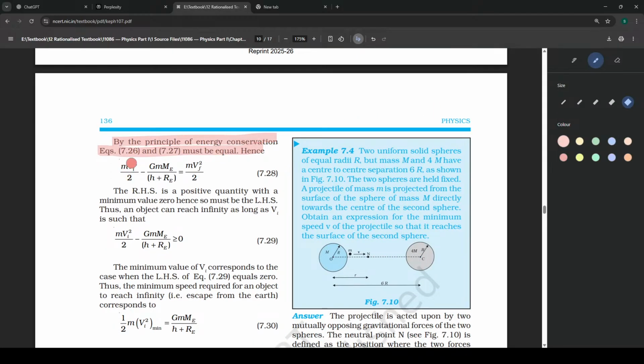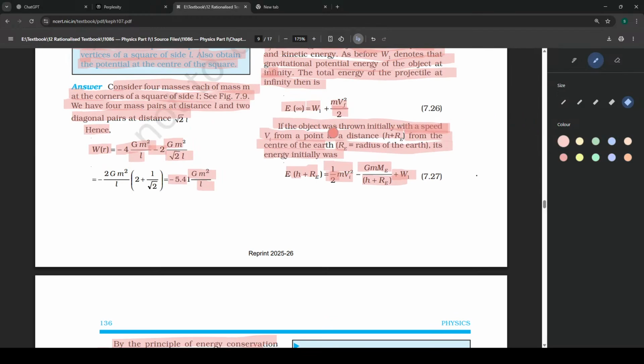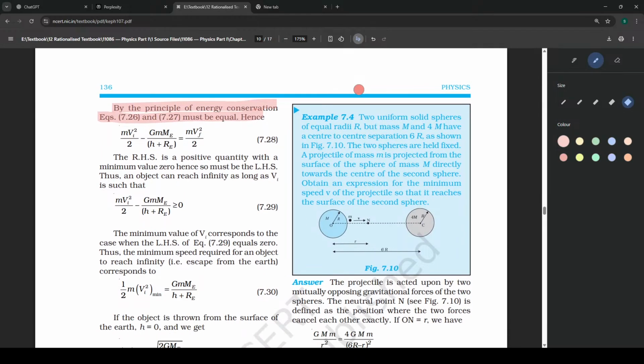So where W1 and W1 get cancelled, m v_i squared by 2 minus G M_E m by (h plus R_E) equals m v_f squared by 2. The RHS is a positive quantity with a minimum value 0, and so must be the LHS, because the right side is positive, the left side is also positive.